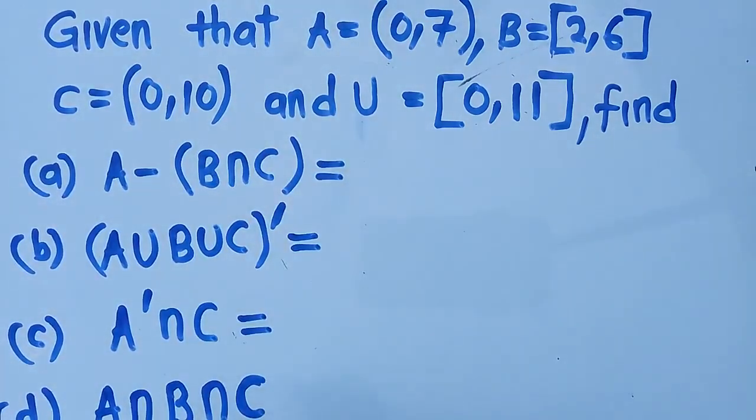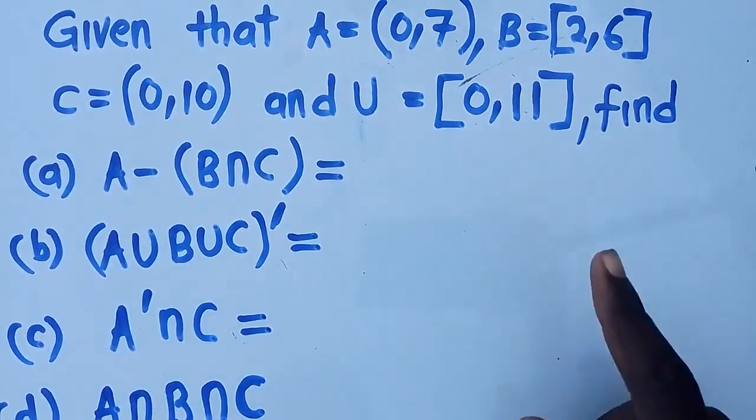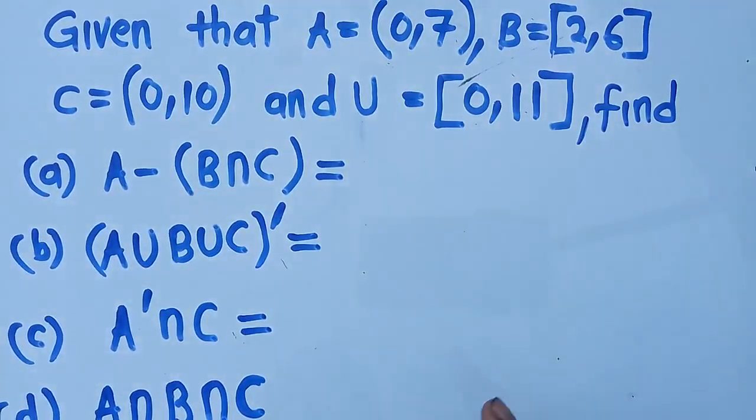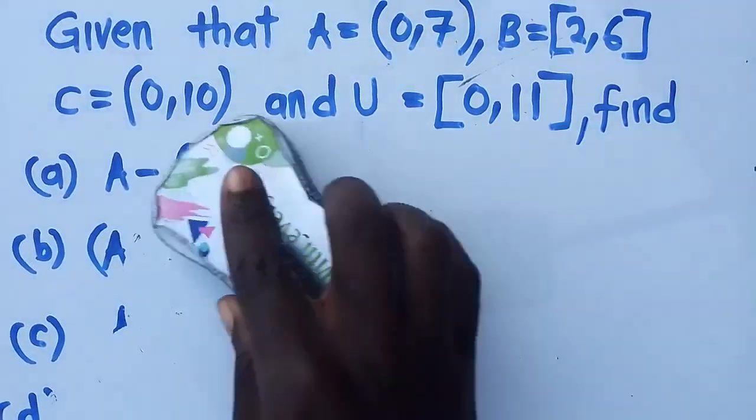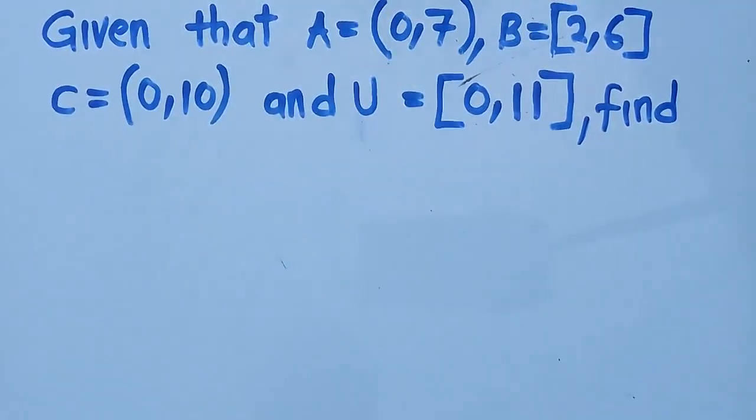So before we answer all the questions which are here, the first thing is to interpret this on a number line. So we are going to interpret this on a number line. This is what we are going to do. So hope you've taken down these questions.